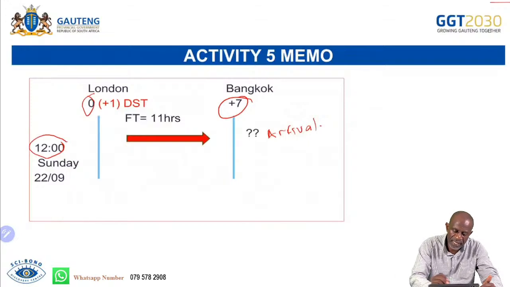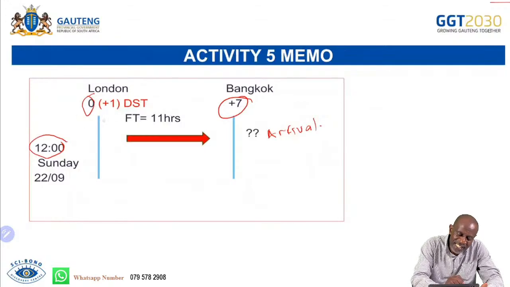Let me put matters into the right perspective. From the question, we've learned that London is using DST and London is at 0. So they have to adjust their time ahead by 1 hour.